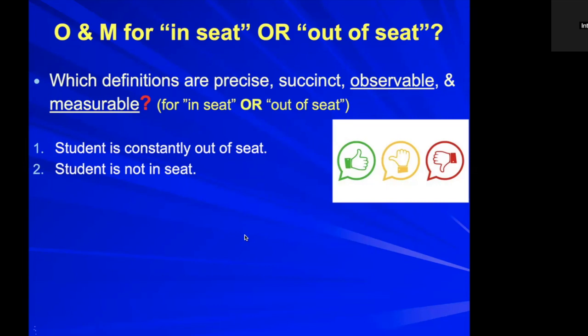Words like not, never, won't. We can't measure what doesn't happen. What is the student doing? You will be measuring student in seat behavior, what the student does do. And we have to, again, define what we mean by seat.